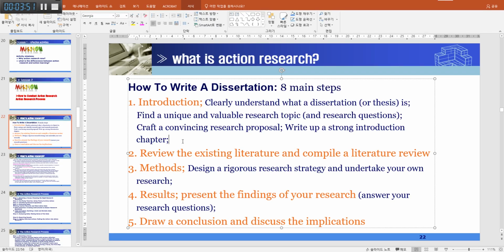So you need to review the existing literature and previous studies, and compile a literature review. It acts as a background or starting point of your research. That's chapter 2. And chapter 3 is about method. It's about how to collect my data. What is my research strategy?